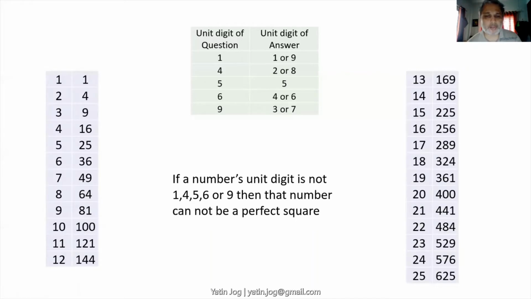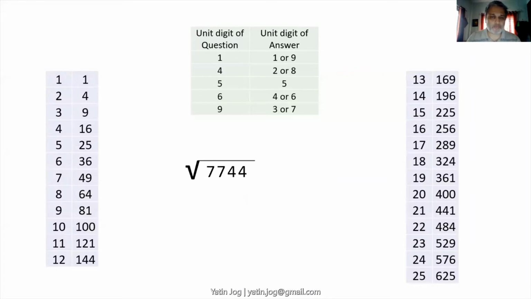Now I'll explain one example for finding the square root. Suppose you want to find the square root of 7744. Step number 1 of this method is to group the digits starting from the LSB.